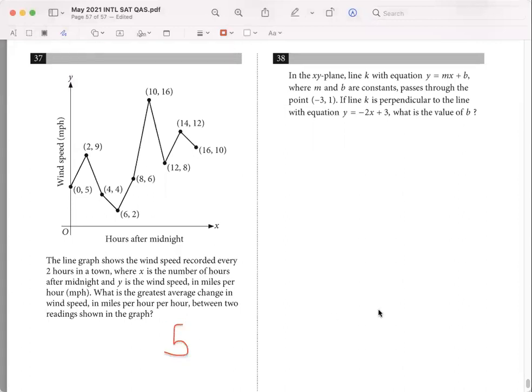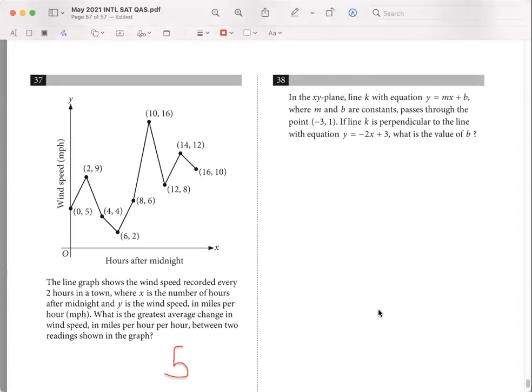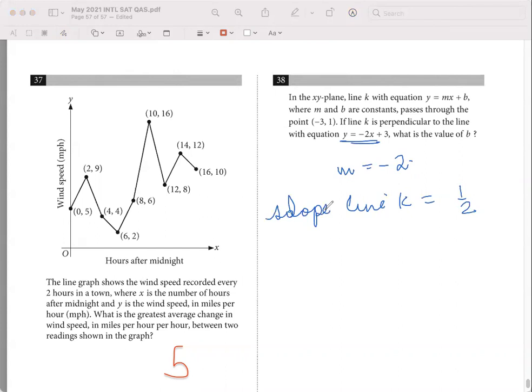Okay, 5. 38, in the xy plane, line k with equation y is equal to mx plus b, where m and b are constants, passes through the point minus 3, comma 1. If line k is perpendicular to the line with this equation, what is the value of b? This equation has a slope of -2. So line k will have a slope of half, because perpendicular line slopes are negative reciprocals of one another. Line k passes through this point.